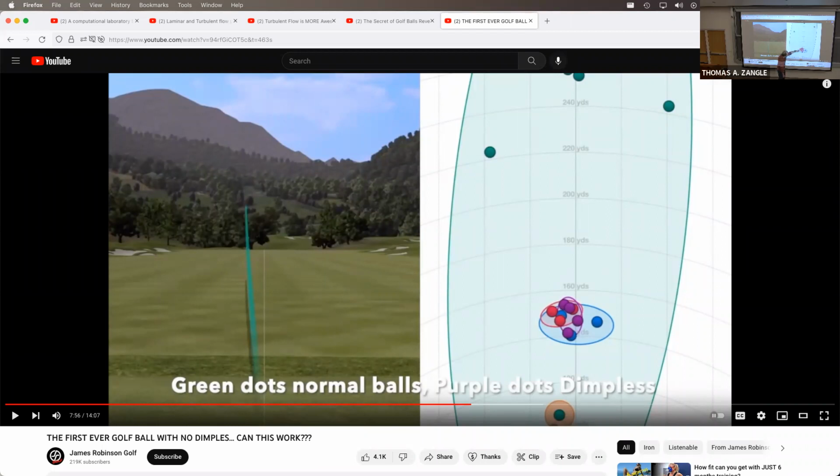Then you can see that when he hits the golf ball without dimples, the purple, he's only ending up somewhere around 140 yards. So it's a huge difference, 100 yards. Almost a third of his drive is gone, more than that, from having the dimples. So a huge impact.